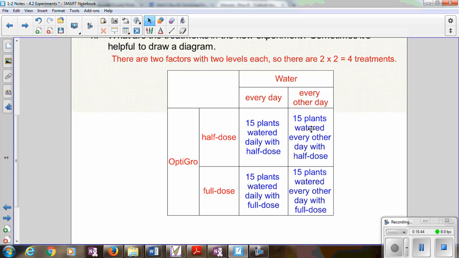Another 15 are going to be watered every other day and be given half the dose of OptiGrow. I've got 15 plants that are going to be watered daily with a full dose, and then 15 that are going to be watered every other day with a full dose. And then what I'll do at the end of my experiment is compare the juiciness and the tastiness of the tomatoes under each of those conditions to see which combination of levels and factors produced the best tomatoes.